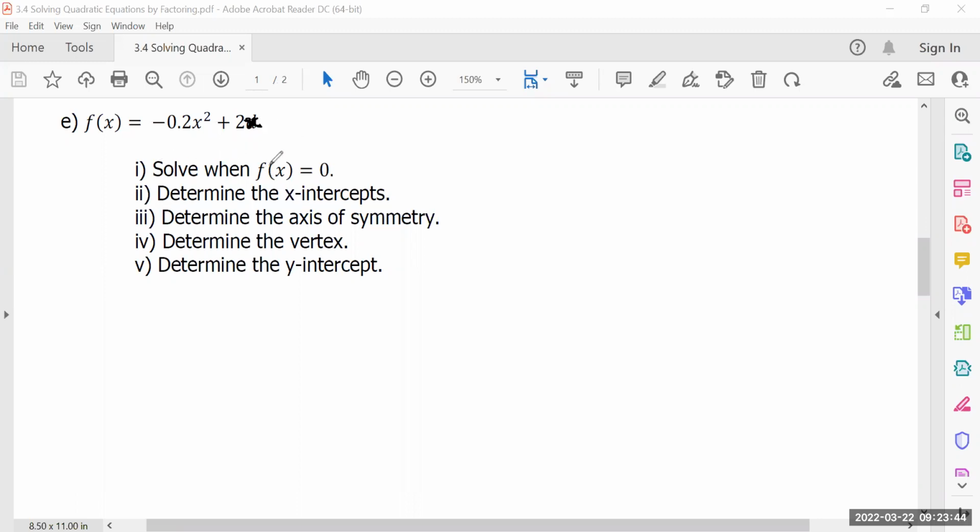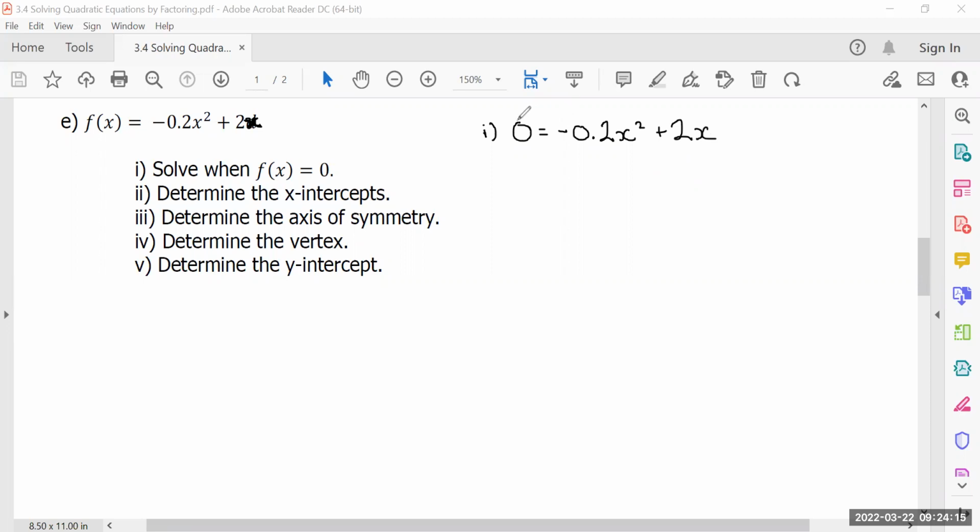Okay, here we go. Solve when this function equals 0. Look familiar? It's exactly what we did before. Can you solve when this is equal to 0? And of course, we need to factor.